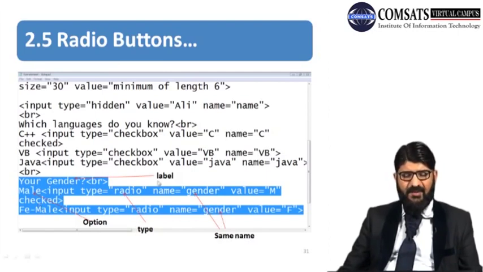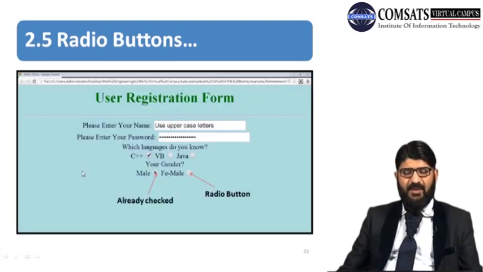So these are the options. This is the label, this is the type of the option, and this is the same name that is given to the particular box. So what will be the output? See, male label and radio box, and this radio button is checked because we have already mentioned the checked option, and then female label, and again a radio button, and it is not checked.